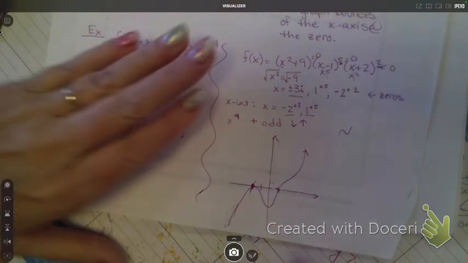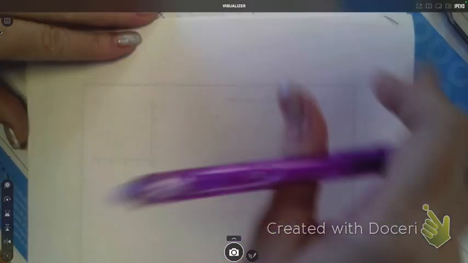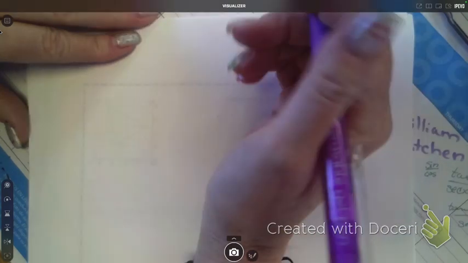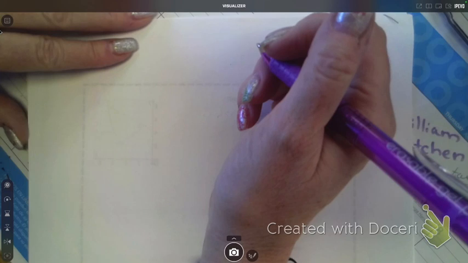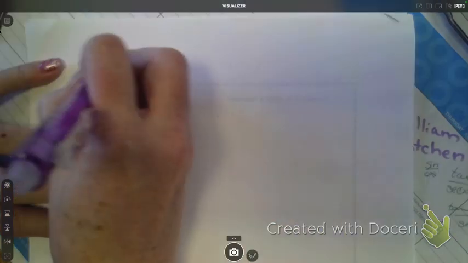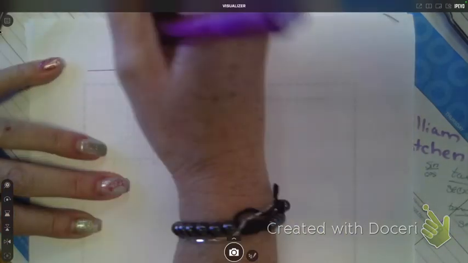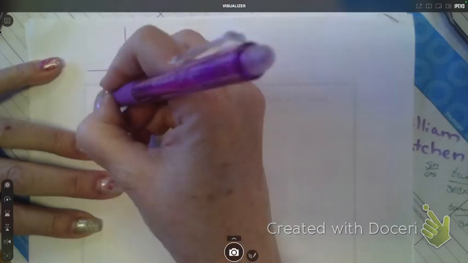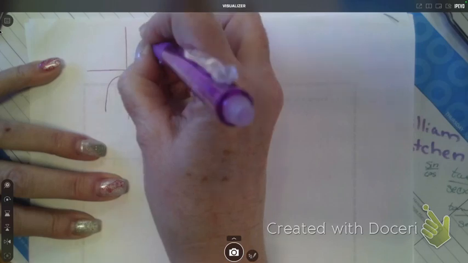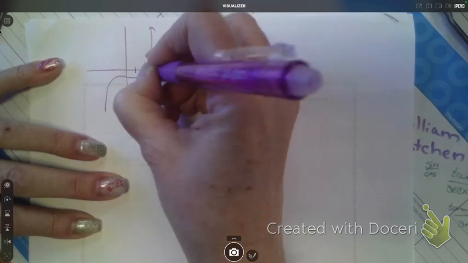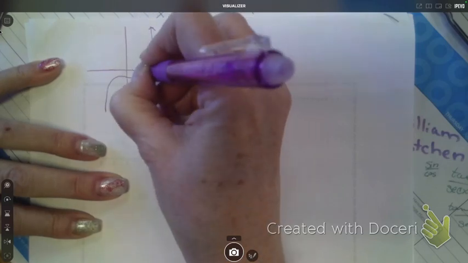Okay, so my directions say, what are all the real and complex zeros of the polynomial function shown. Okay, so they have a graph that looks like this.